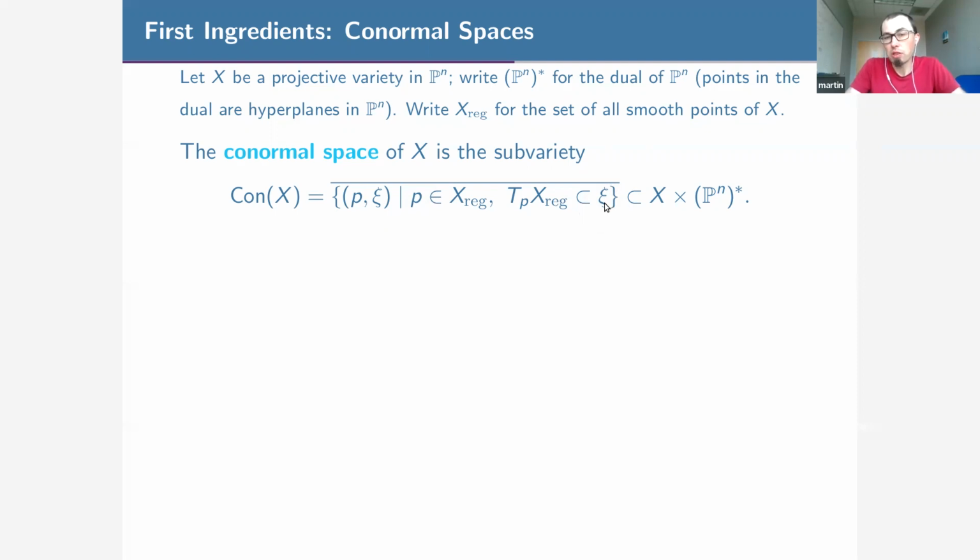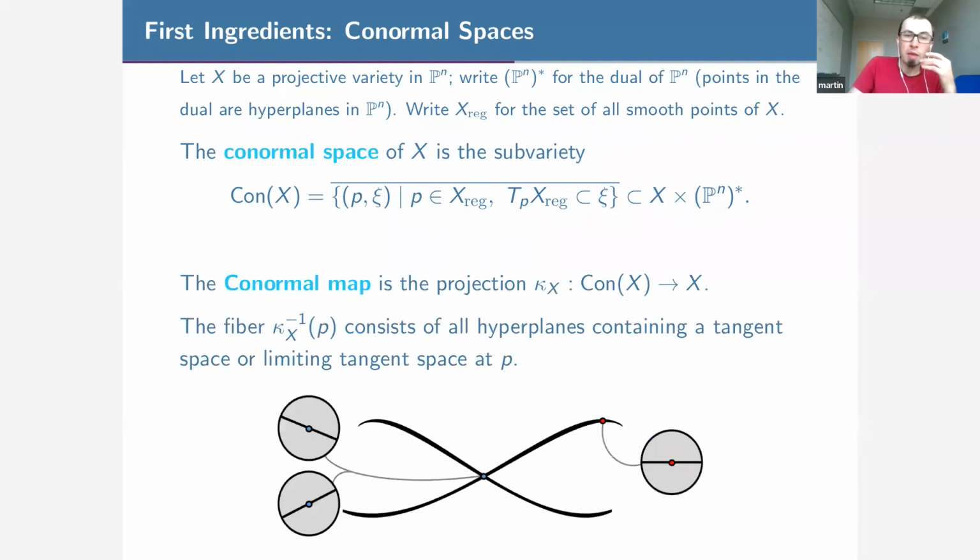So we'll pair it with each hyperplane that contains the tangent space at that point, right? So there could be many of these hyperplanes. So P could be paired with several hyperplanes. And then we'll define a conormal map, which is just going to be a projection, namely the coordinate projection from Pn cross Pn dual back to Pn, and then that induces a projection on this conormal space back to X.